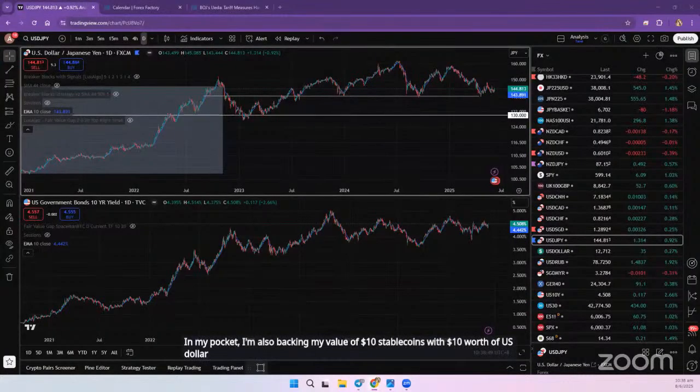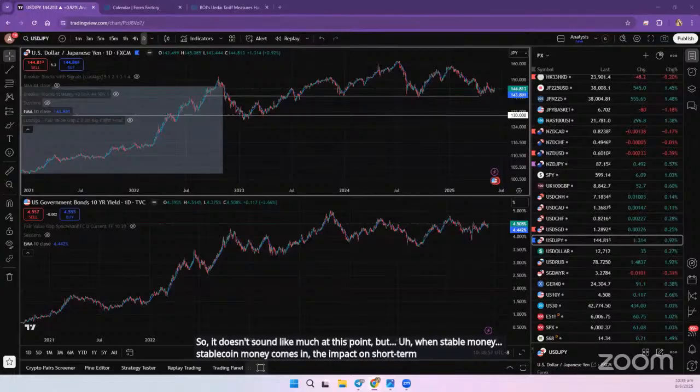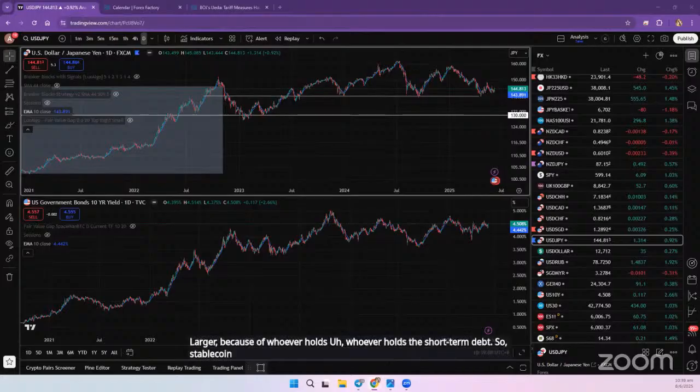for USDT. So it doesn't sound like much at this point, but when stablecoin money comes in, the impact on short-term government debt prices is about 2 or 3 times larger because of whoever holds the short-term debt. So stablecoin operators now hold a lot of short-term US debt.